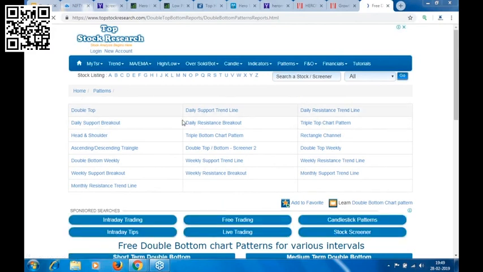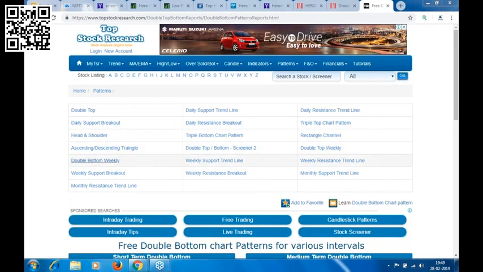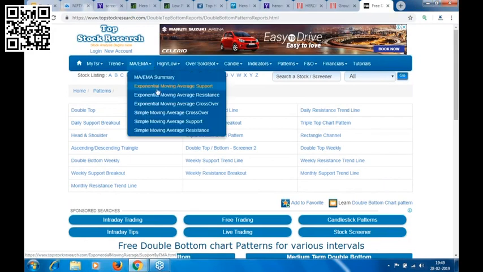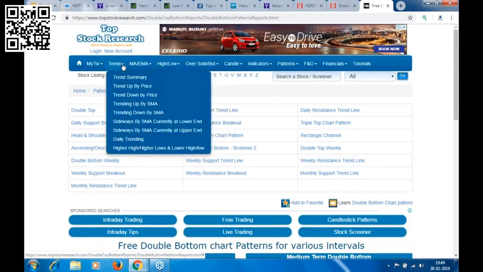See, here you will get many screeners: double top, head and shoulder pattern, ascending descending triangle, double bottom, weekly support breakout. Even there are many screeners based on moving average, exponential moving average support, exponential moving average resistance, simple moving average crossover, trending up SMA, trending down SMA.